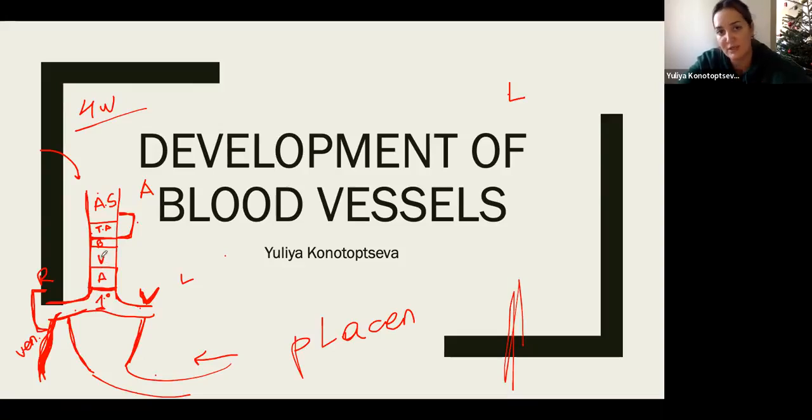So everything's single. We only have one atrium, one ventricle. From the ventricle to the bulbus cordis, from the bulbus cordis to the truncus arteriosus, and the most distal end of the truncus arteriosus is known as the aortic sac. From the aortic sac, aortic arches start to appear.